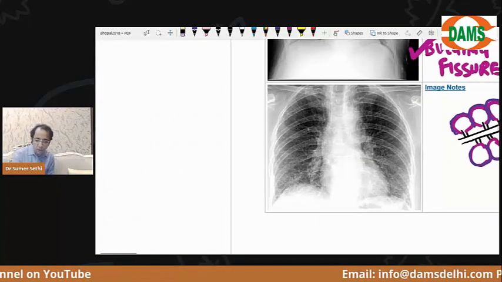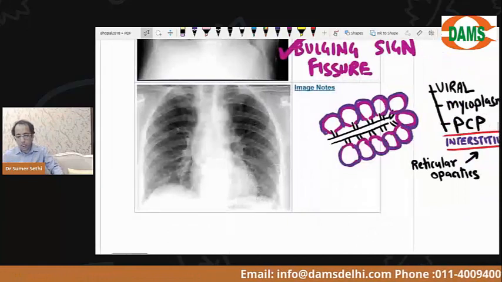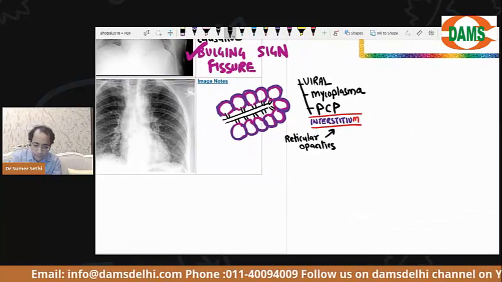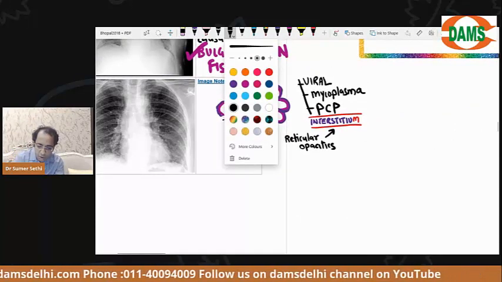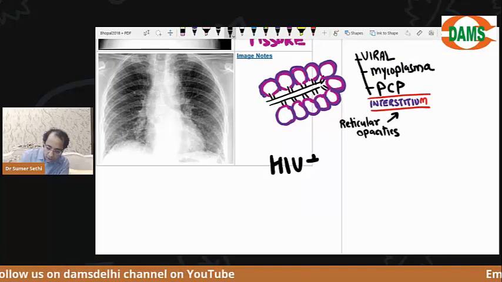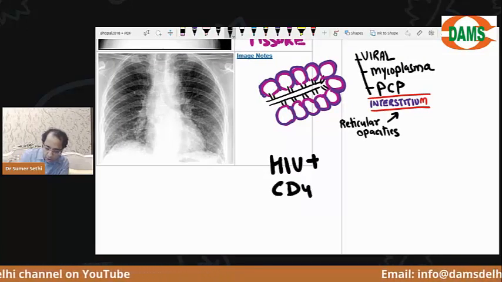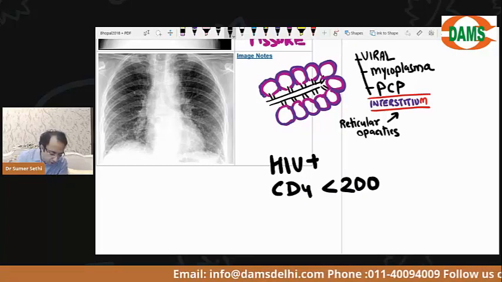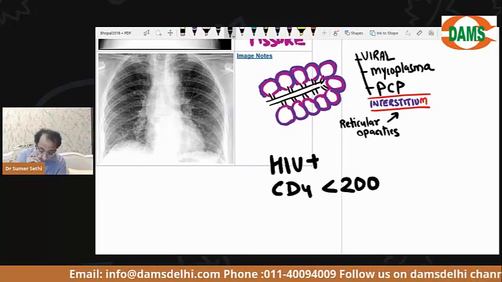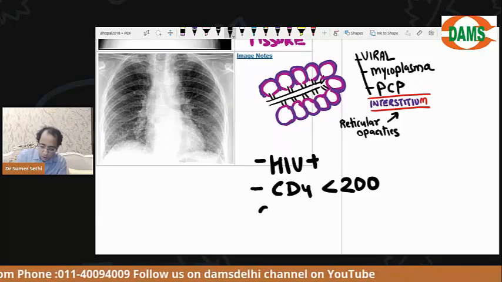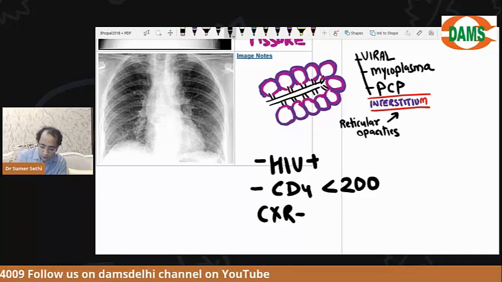interstitial infections. Now, once you're clear, I will make a question for you so that we understand how all this is important for you in the exam. A HIV positive patient with CD4 count less than 200 shows reticular opacities on chest X-ray.